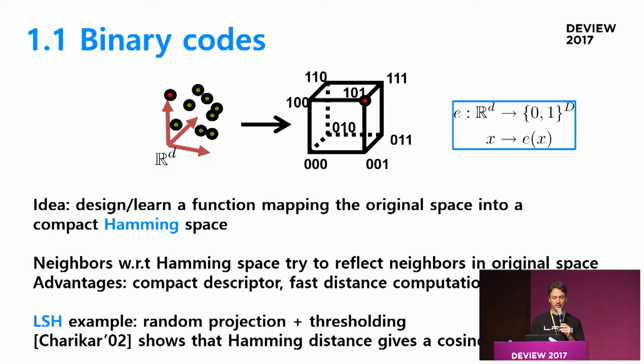And the good thing is that, as shown by Charikar and colleagues in 2002, you have some strong guarantees with such an approach, and especially the fact that the Hamming distance will give an estimator of the cosine distance. The more projections you have, the higher the dimensionality of the output space, the better is the estimation of the cosine distance. And LSH is just one example. There are many more recent techniques, especially techniques which rely on the distribution of the data, such as ITQ. I'll come back to it a bit later.